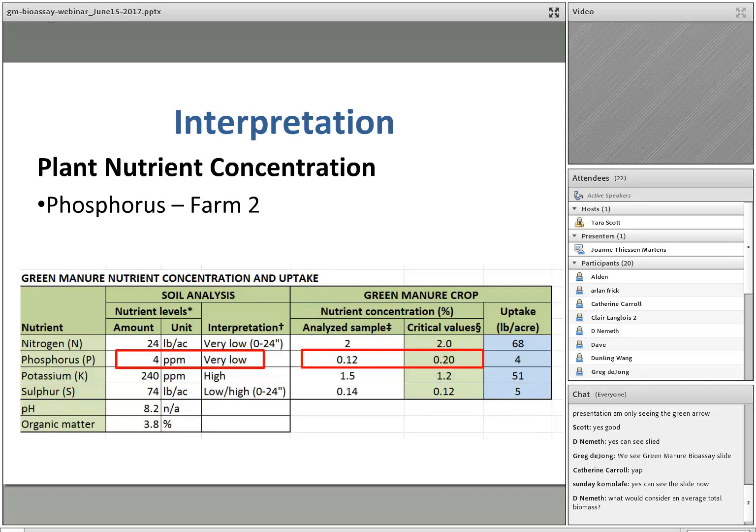And the other values are near or slightly above the critical values for those other nutrients. And so there, I would identify that as having a phosphorus deficiency. That same process can be followed for the other nutrients, although we have more information about phosphorus than we do about potassium and sulfur at this point.